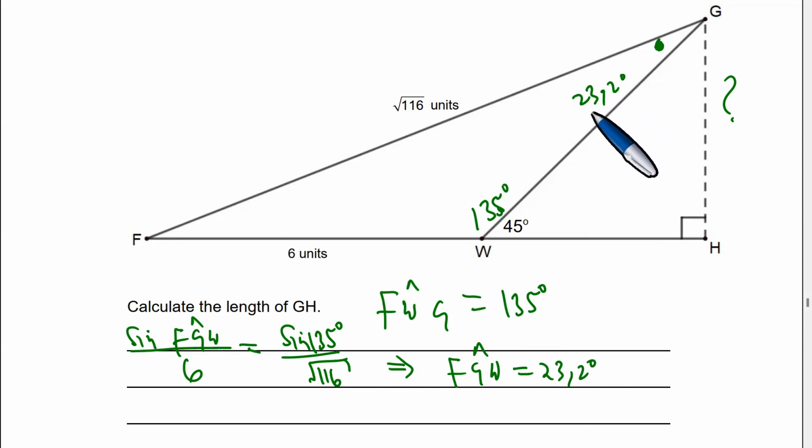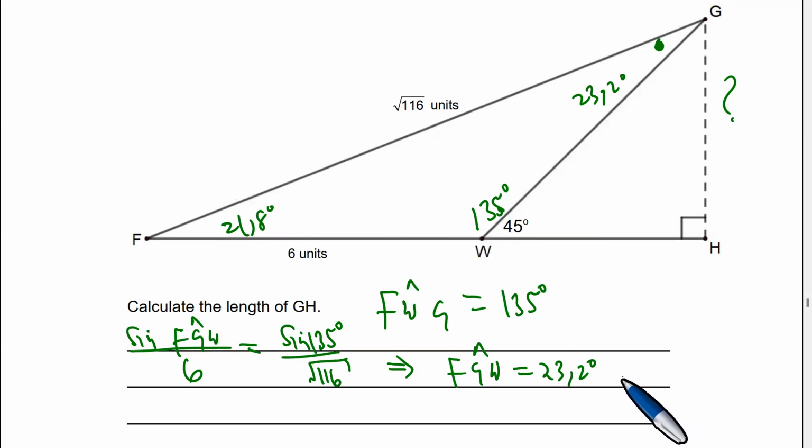Then we have WFG. FGW, we've already got that one. And then we have WFG, this one here, must be 21.8 degrees, because these are angles in a triangle.